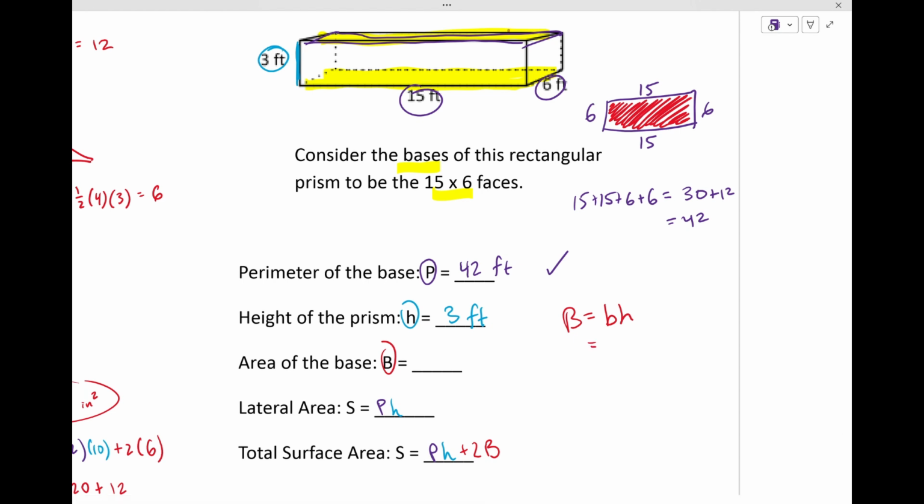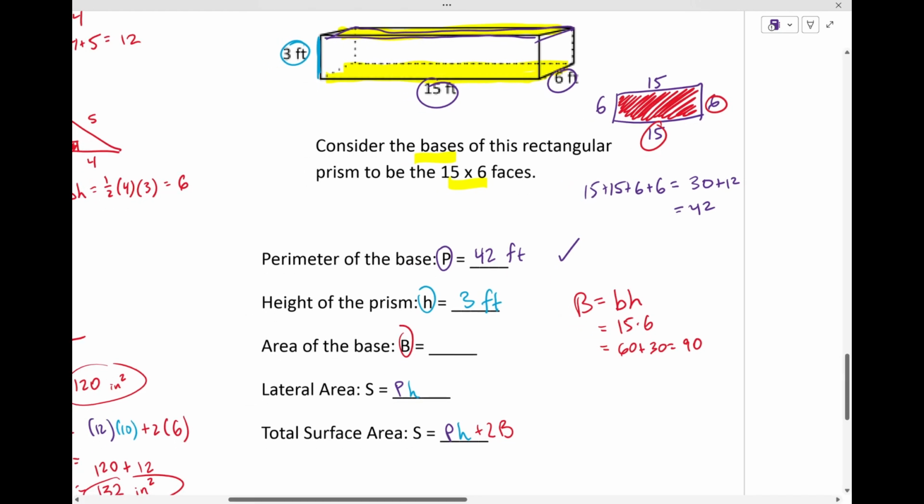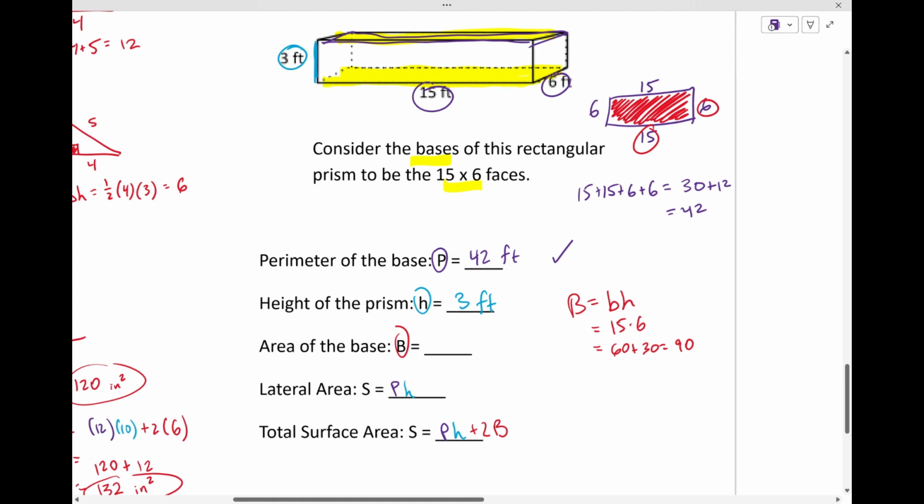For our rectangle, we have 15 and 6 as our dimensions, so just 15 times 6. And when you calculate that, I believe you should get 90. Okay, double check me on that. So let's say it's 90 square feet because we're looking at area.